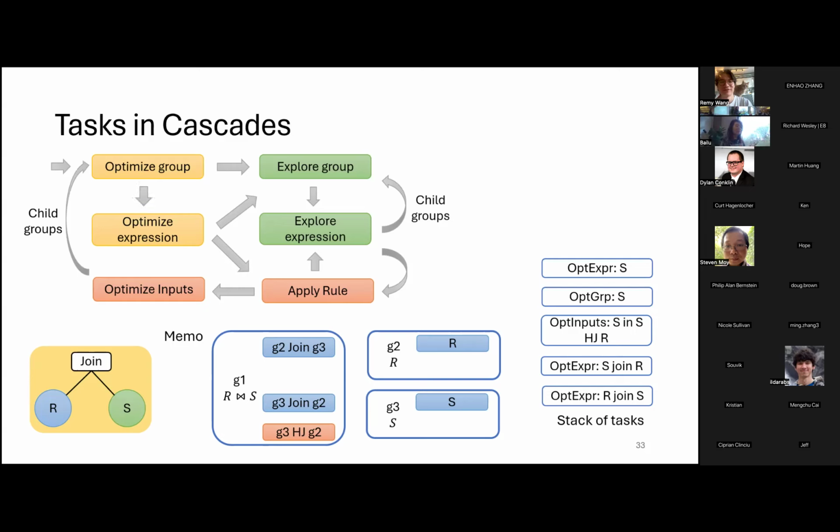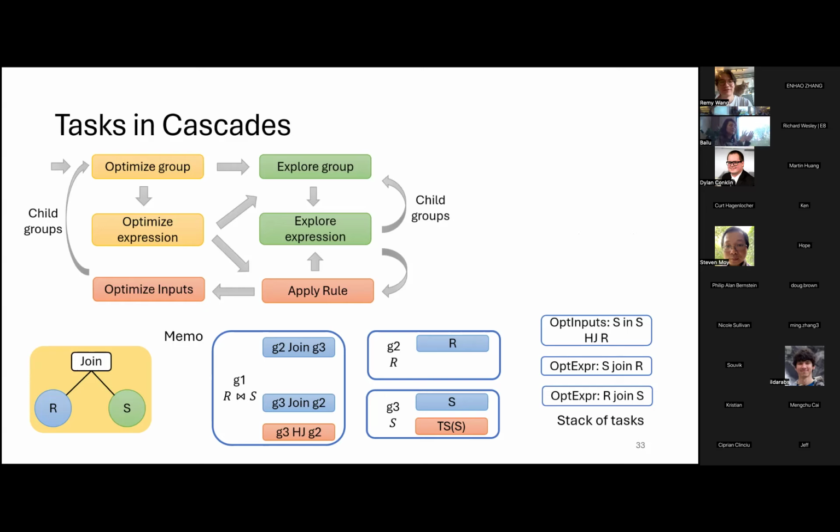So we just optimize the single expression S and go through the implementation rule of turning the S into a table scan S, and apply the rule. Because this is just a leaf operator, there are no inputs left to optimize. So we'll backtrack because we're done. We'll backtrack, and because we're done with optimizing the group for S, we'll backtrack again.